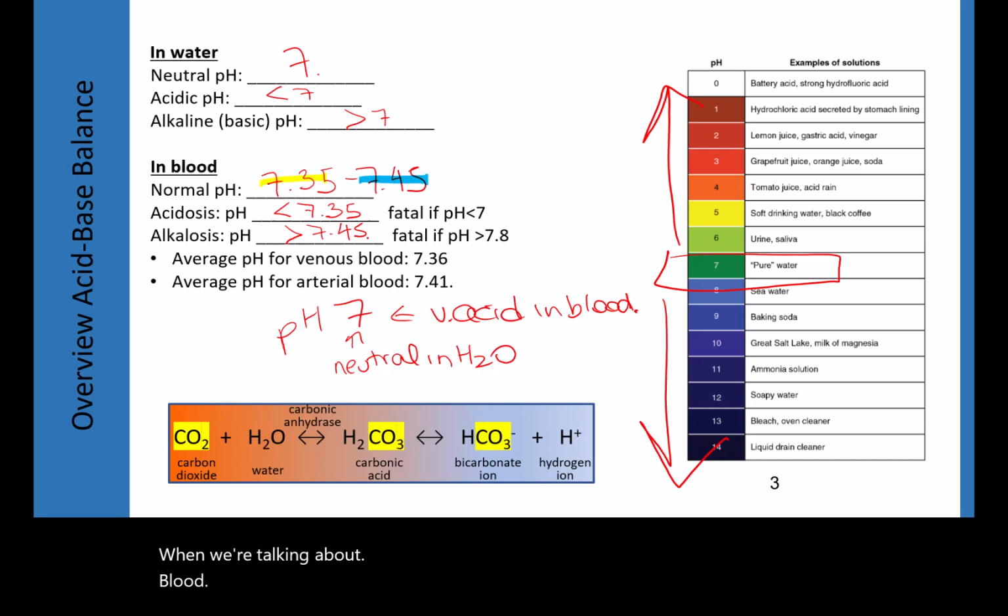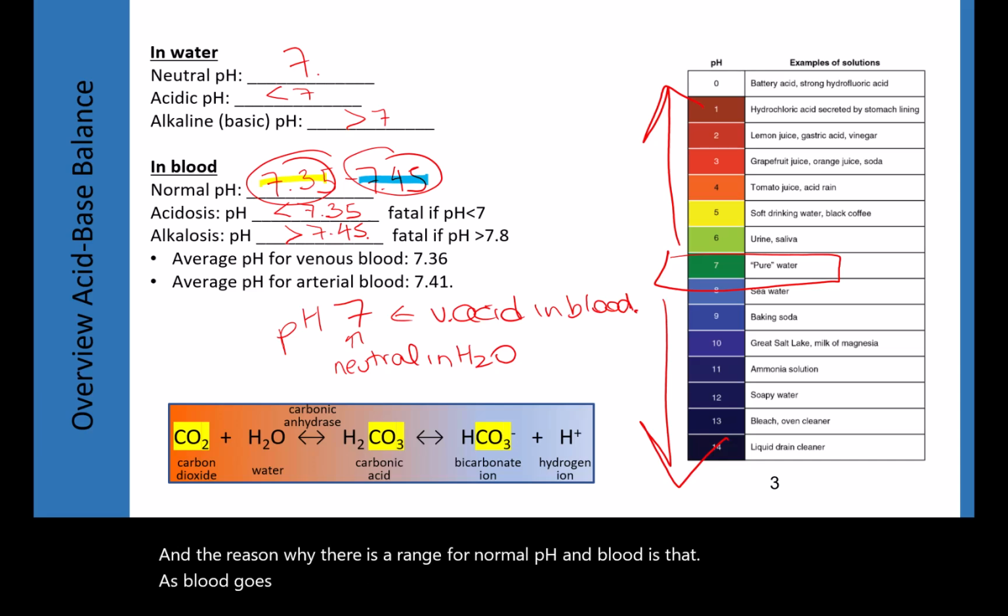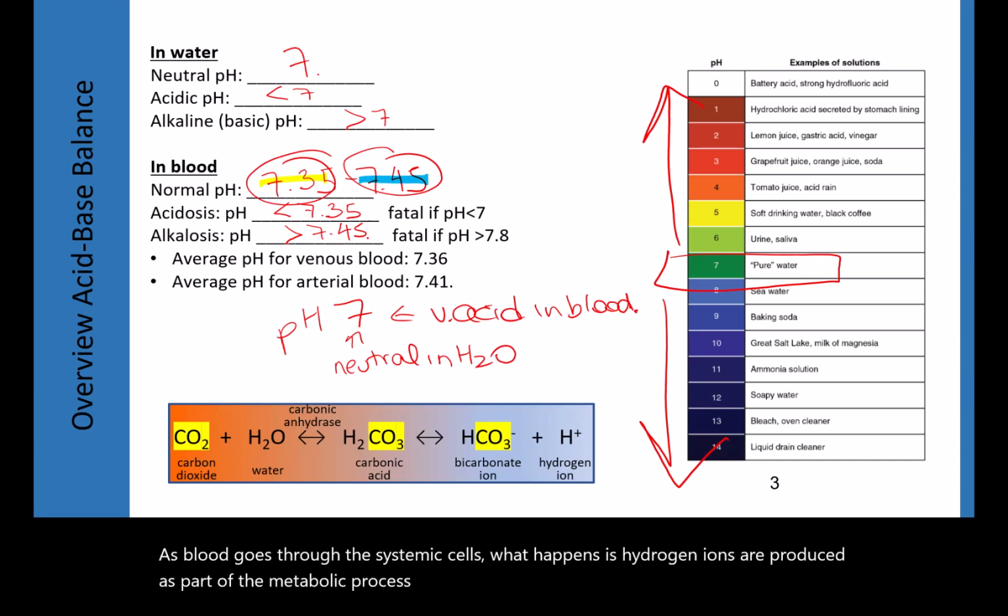And the reason why there is a range for normal pH in blood is that as blood goes through the systemic cells, what happens is hydrogen ions are produced as part of the metabolic process, and that hydrogen ions decrease pH, right?